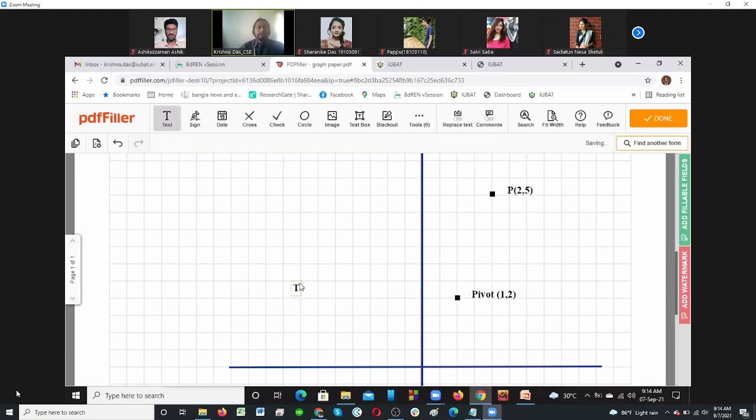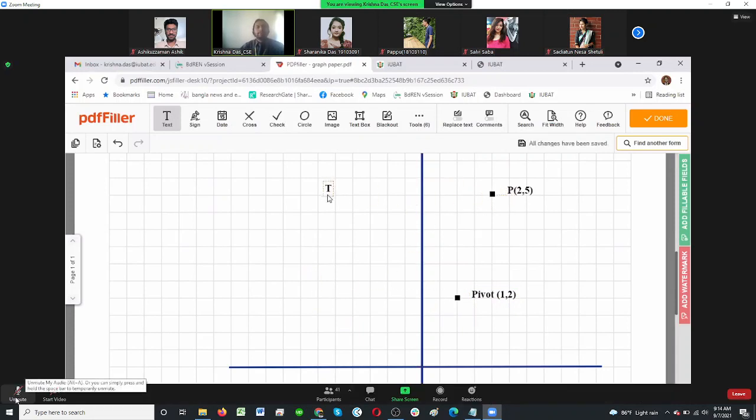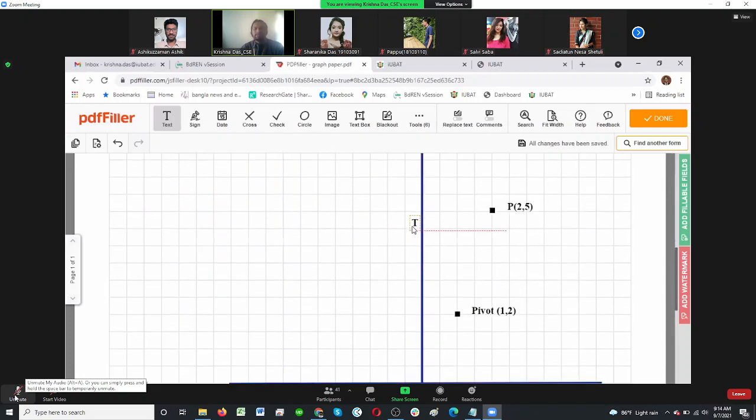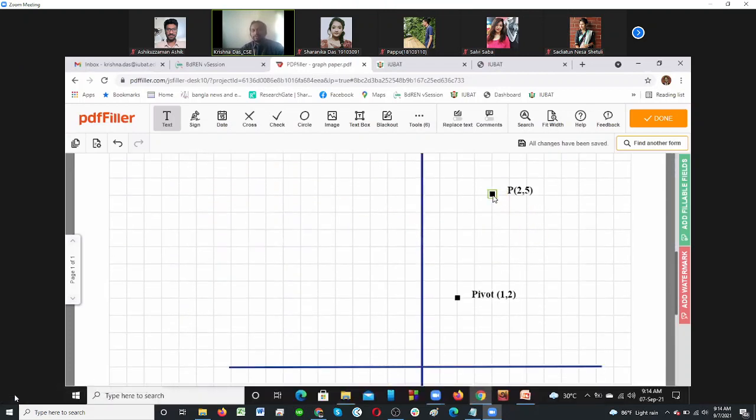Okay. Now, if you try to understand what the problem says on the graph, the point 2, 5 will have a 60-degree rotation about that point. Somewhere you will find the new point there.